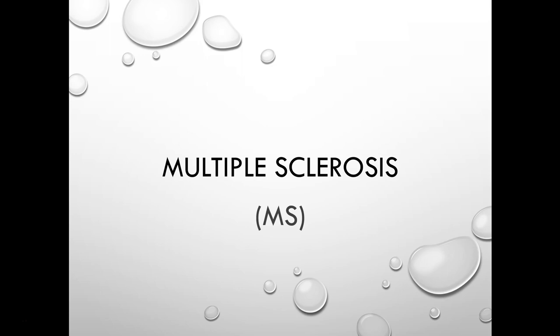What multiple sclerosis does is the immune system attacks this myelin sheath. The myelin sheath protects the nerves. But when the immune system attacks this myelin sheath that is protecting the nerve, it will begin to damage the nerve around the myelin cover.